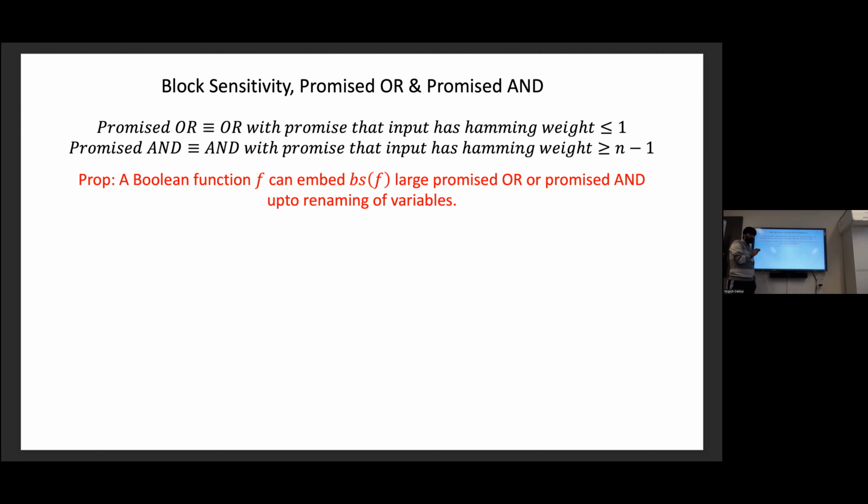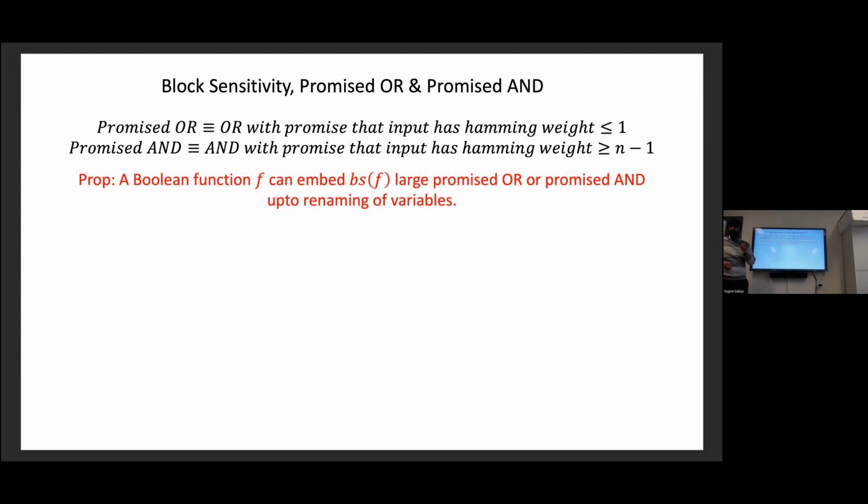There is promise OR, which is just an OR on inputs of Hamming weight 0 and Hamming weight 1, and the promise AND is an AND function where the input is restricted to Hamming weight n-1 and n. So they have to behave like the AND function on Hamming weight n-1 and n, and on the rest of the inputs they can do whatever they want.